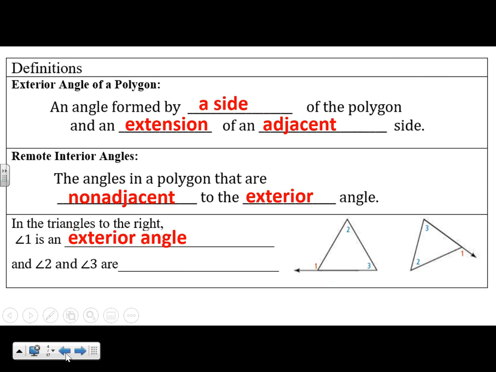The reason 2 and 3 are remote rather than just interior is they are the opposite of your exterior angle. Those aren't congruent, I'm just making sure you can see what those are. Same thing over here. This is my exterior angle, so my remote ones are the ones that are opposite that. They're not right next to it. That's what non-adjacent means.